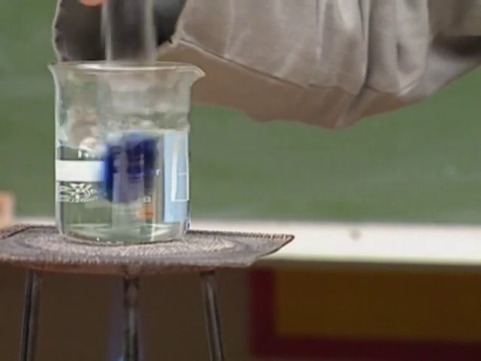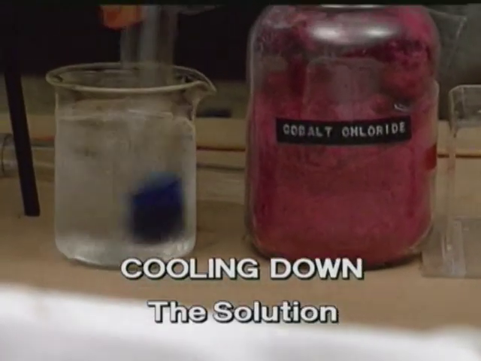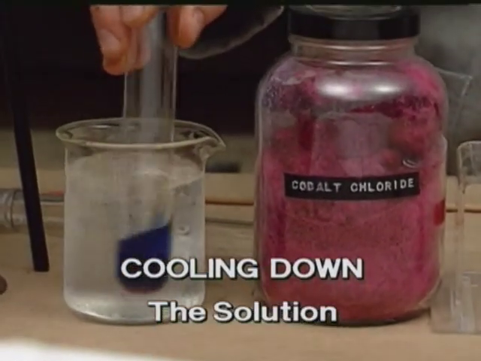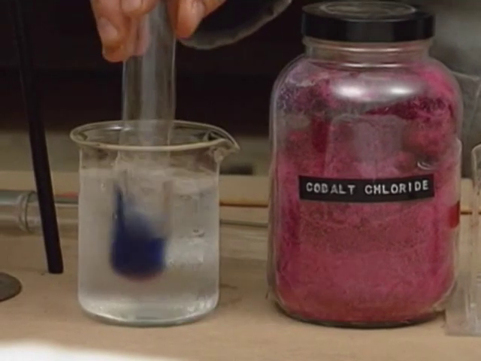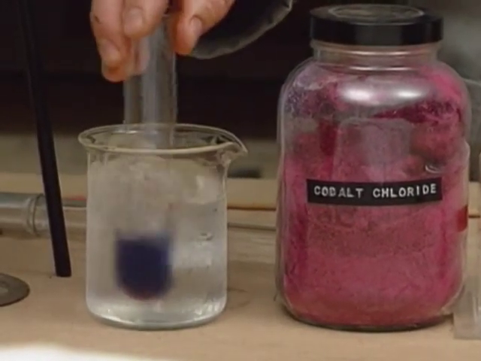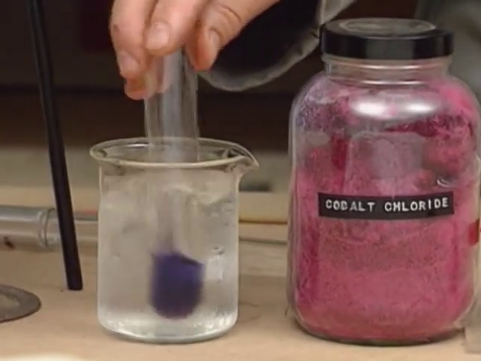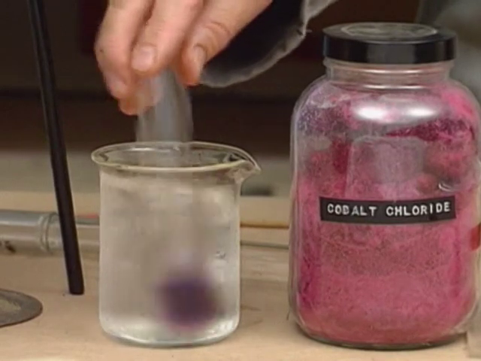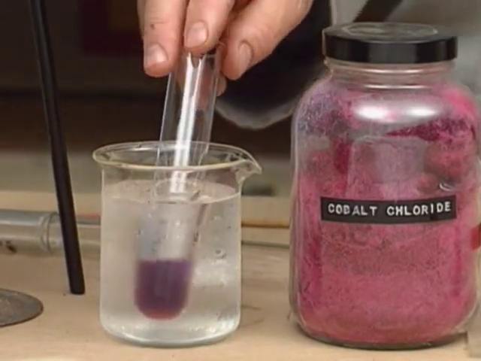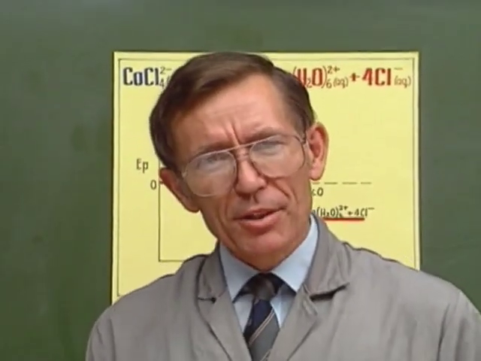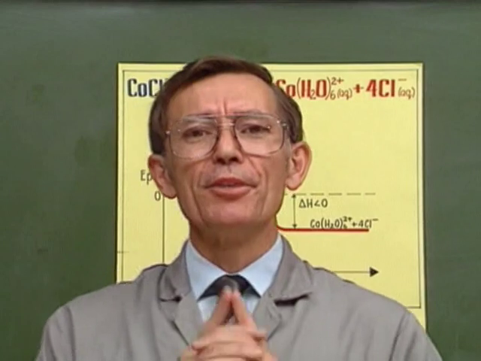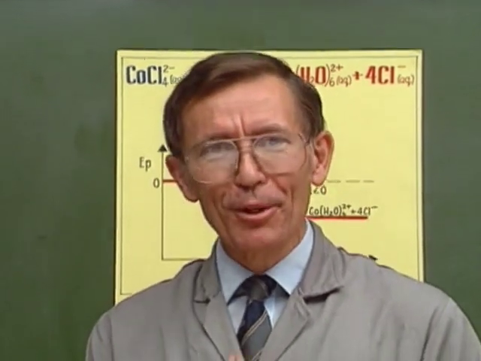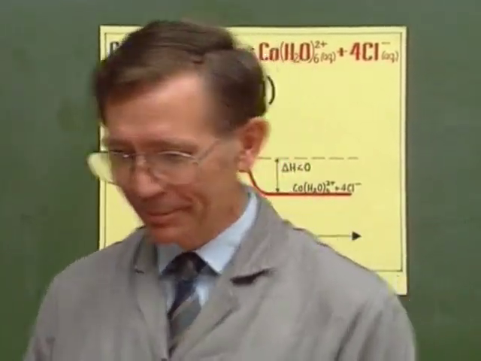And if I take the same equilibrium mixture and cool it in ice water, the solution turns red, which shows that the equilibrium was shifted to the right. For the explanation of all these observations in terms of Le Chatelier's principle, refer to reference number 402.4.4 in your video workbook.